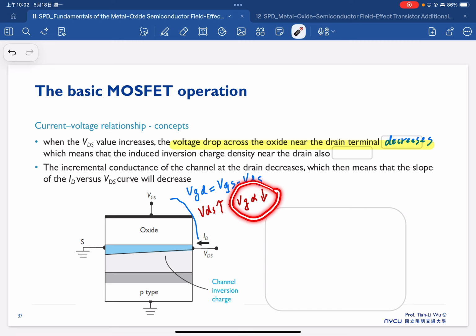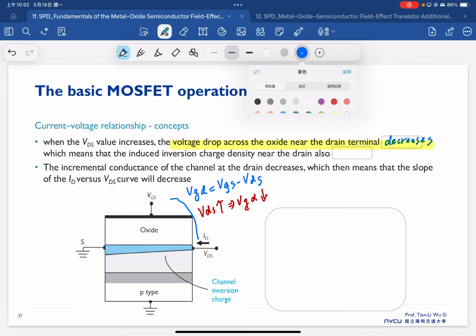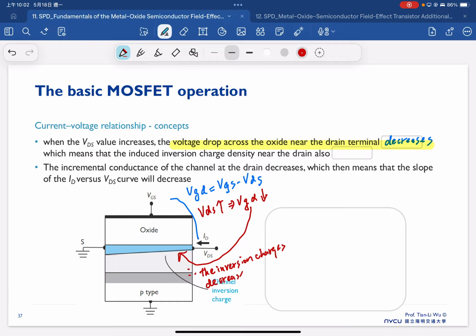The VGD decrease suggests that the channel inversion charge will decrease close to the drain terminal, because the voltage drop between the gate and drain becomes smaller.